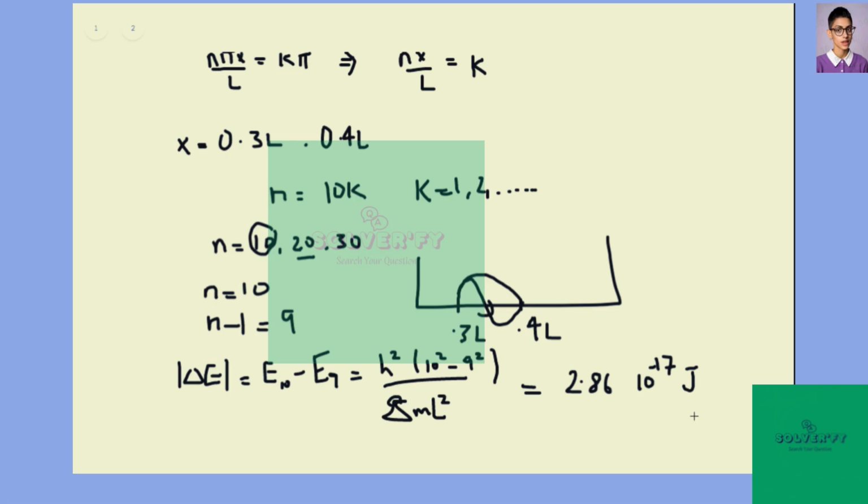So we notice that the energy of the photon which is emitted when the electron makes a transition from 10 to 9 is 2.86 times 10 to the power minus 17 joules.